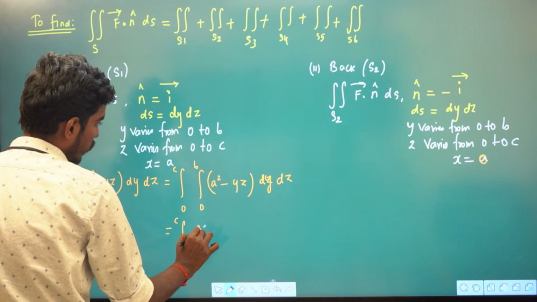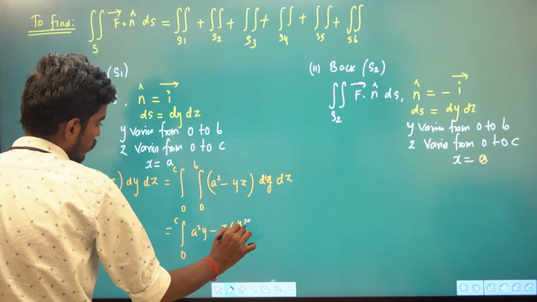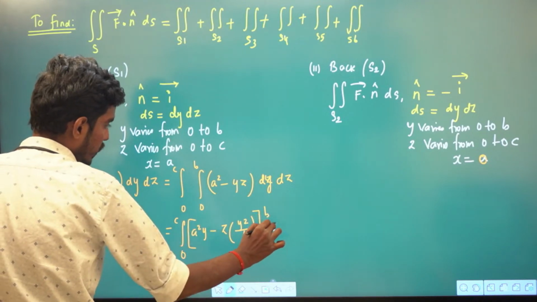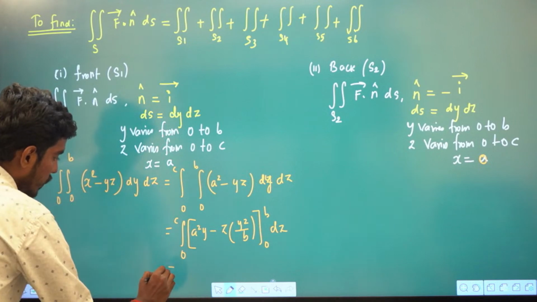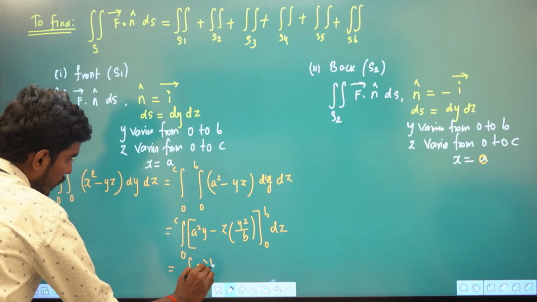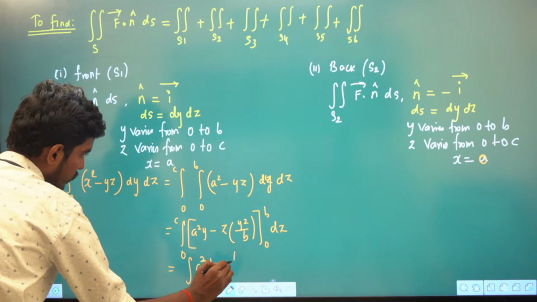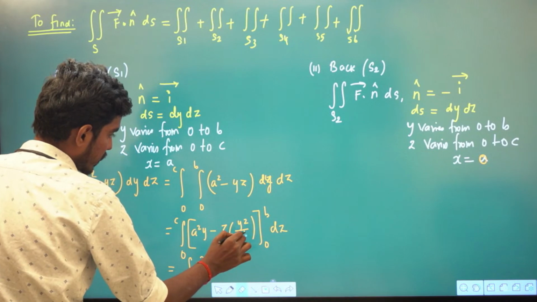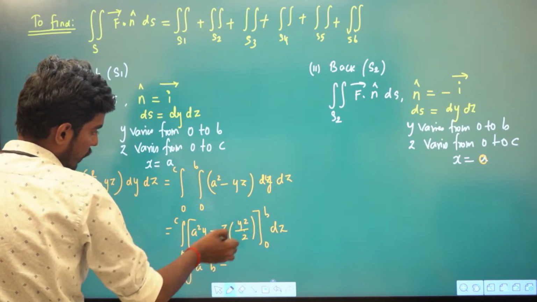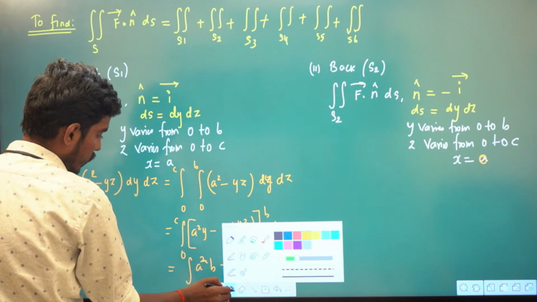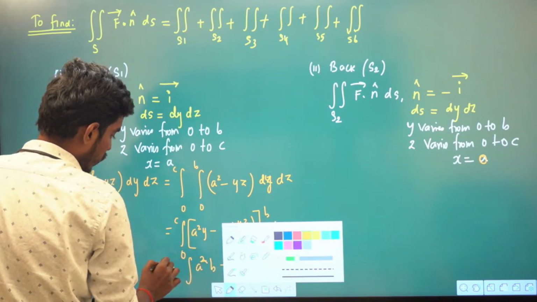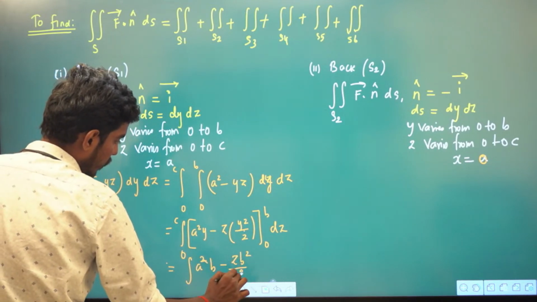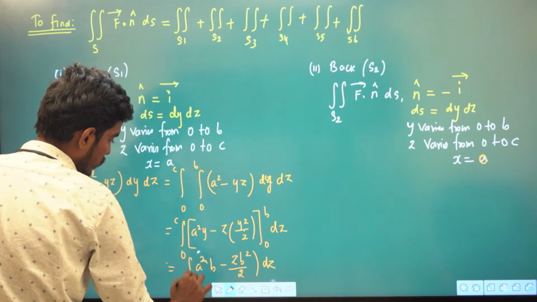So this will be a square y minus z into y square by 2, from 0 to b, dz. Now apply the upper limit minus lower limit. Here you will have a square b minus z b square by 2 dz, right?